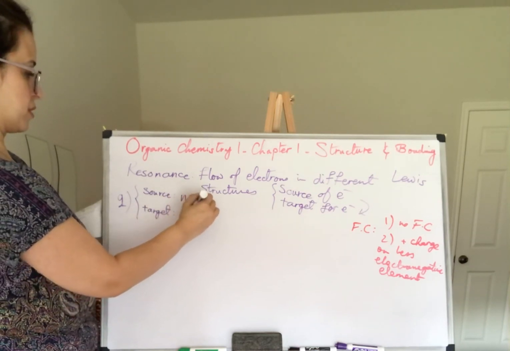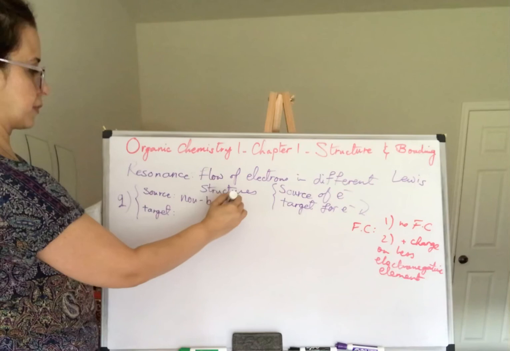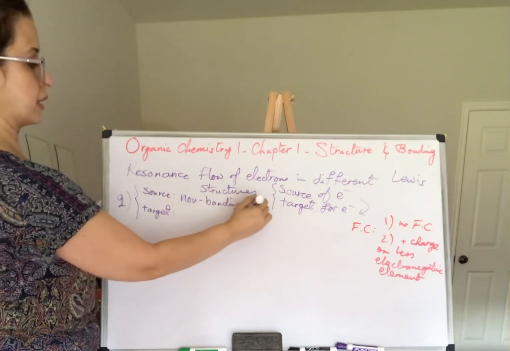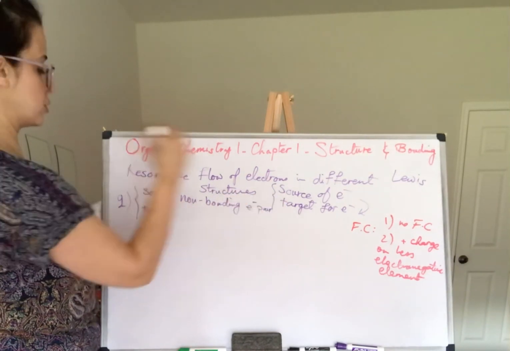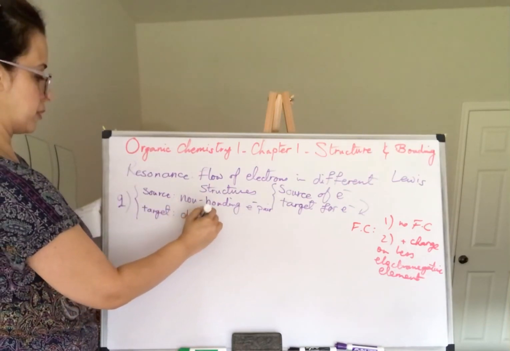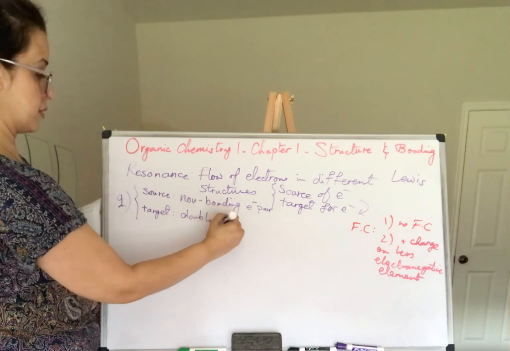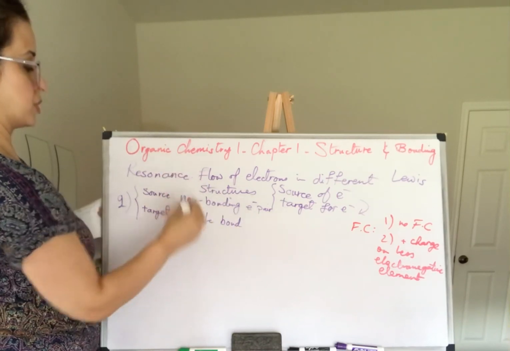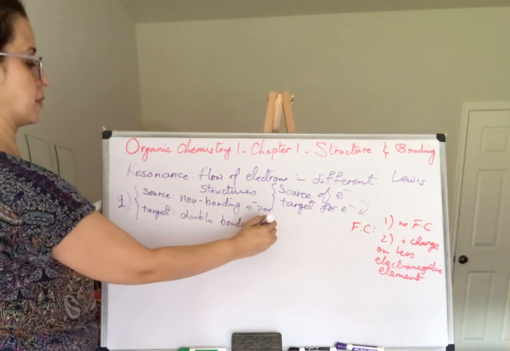Non-bonding electron pair, the lone pair, the electron pair acts as source, and your target is another double bond. Another bond which is a double bonded atom.